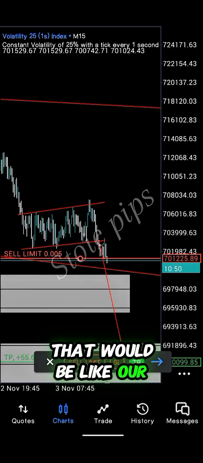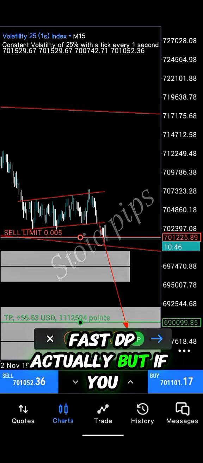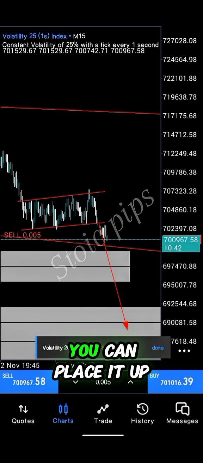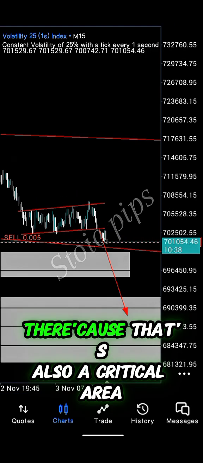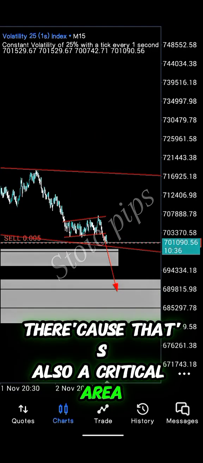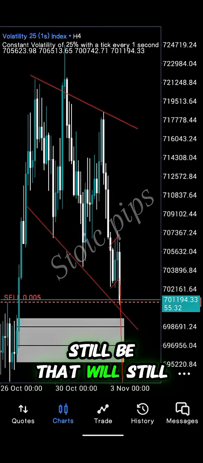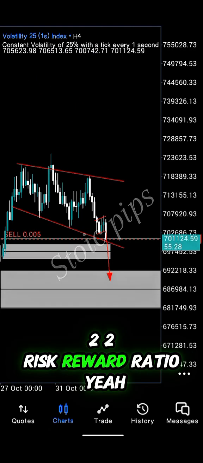That would be like our fast TP actually. But if you're not willing to hold it for long, you can place it up on the first gray zone there, because that's also a critical area.